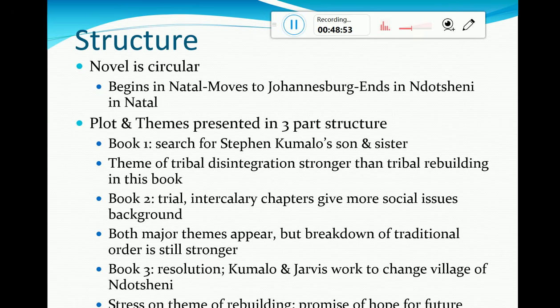Hence, we talk about the reconstruction of Ndotsheni, meaning that James Jarvis is going to be the agent of change, whom he's going to employ, an agricultural specialist by the name of Napoleon Letsitsi, who is a flat character, whom we meet only in book 3, but he's going to play a significant role of assisting the people of Ndotsheni with new agricultural methods to safeguard the soil, so that the soil does not become desolate and lead to people moving from Ndotsheni to Johannesburg.